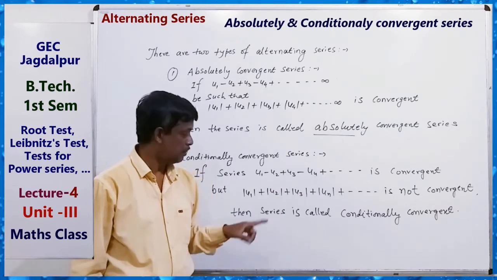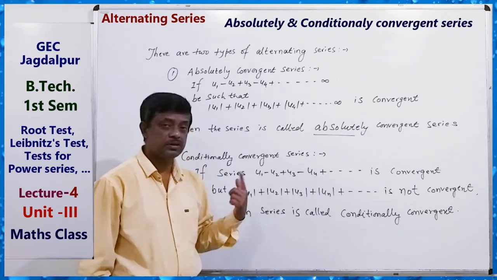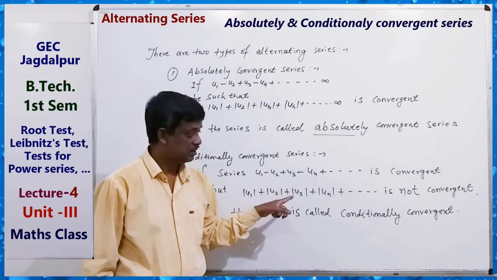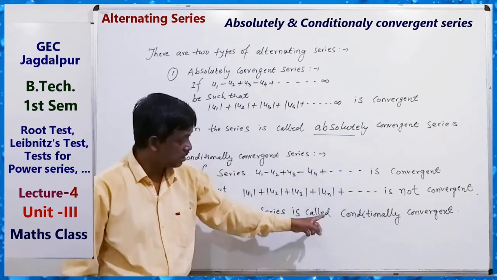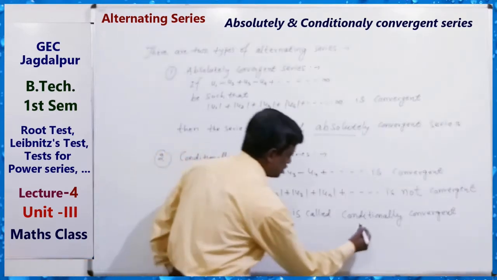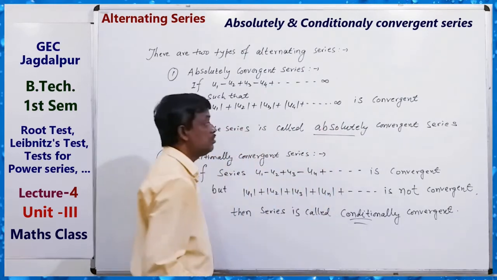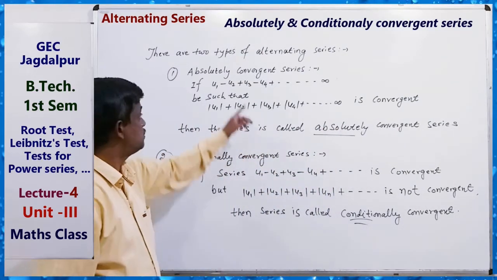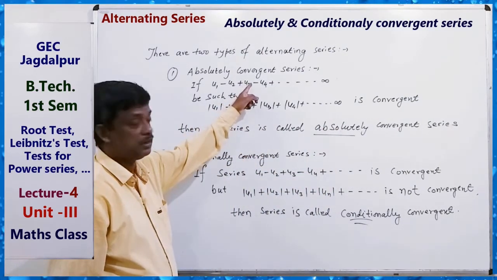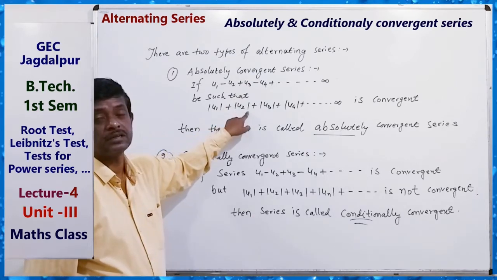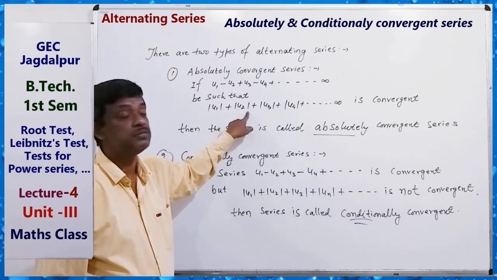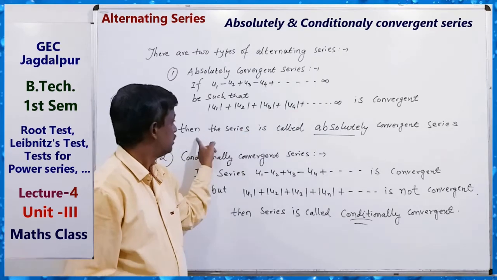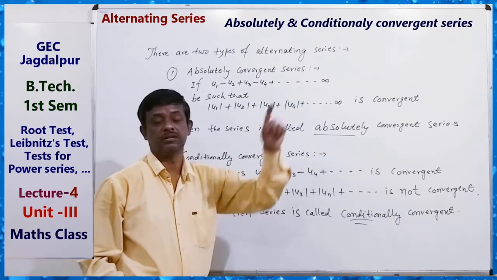And absolutely convergent means if the series is such that the series of absolute values of its terms is convergent, then the series is called absolutely convergent.